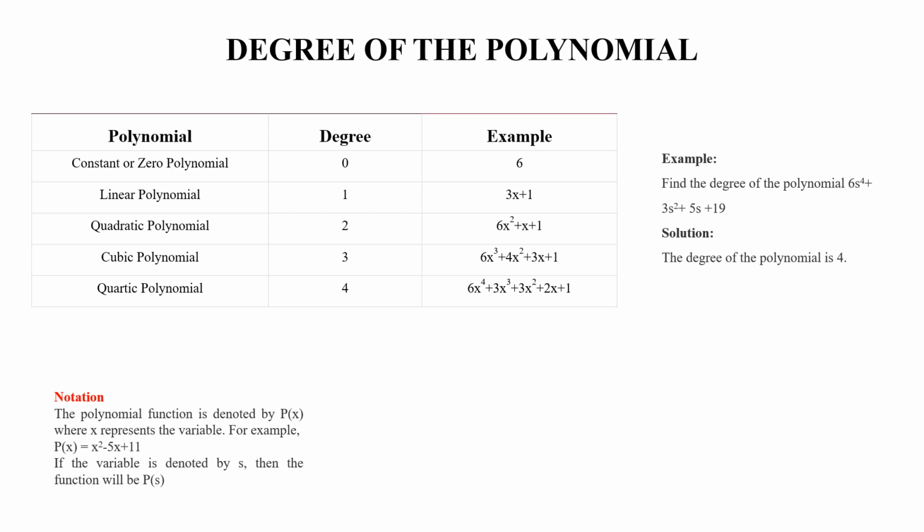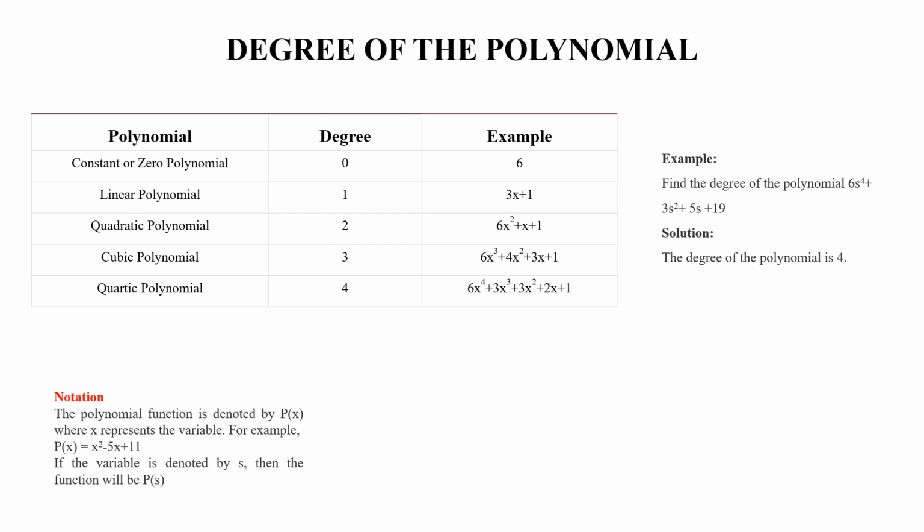So for example, p of x is equal to x square minus 5x plus 11. This is the expression. So what is the p? This is the polynomial name, and x is the variable, to show what type of variable you used in that expression.